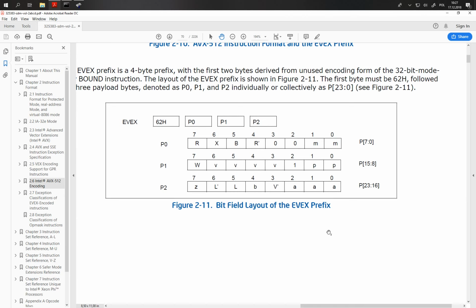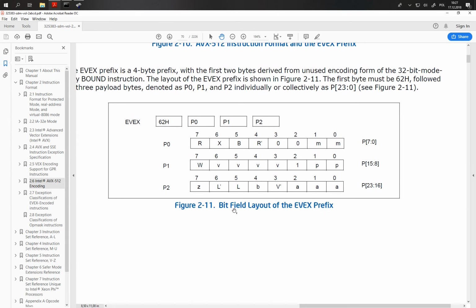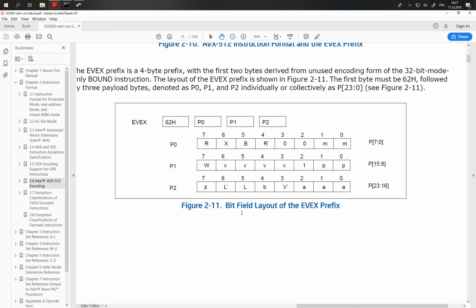But what is interesting this time is that AVX-512 introduced even more registers, not just 16 registers, but 32 registers. So to encode an individual register we need 5 bits instead of 4.